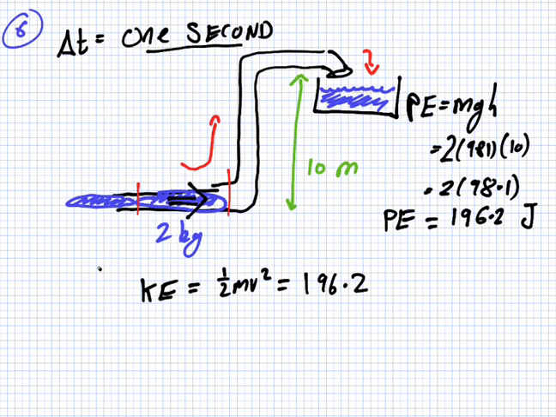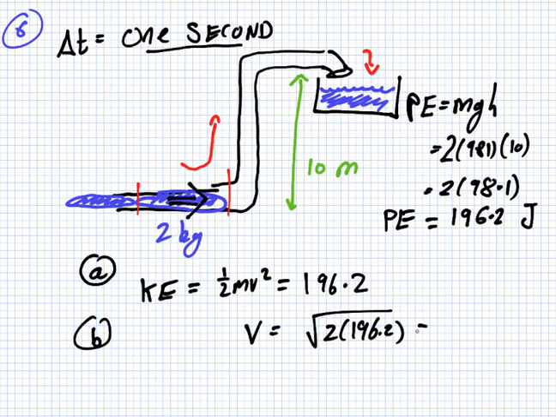So this answers part A, and then for part B, we can use this answer to get the v. v is the square root of 2 times 196.2. What's that? 19.8 meters per second. So that's how fast the water is going.